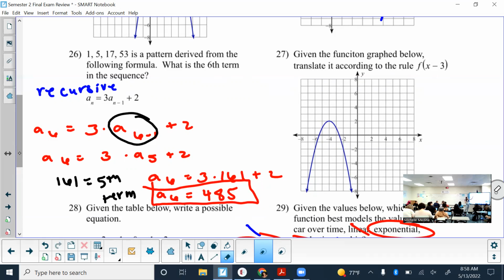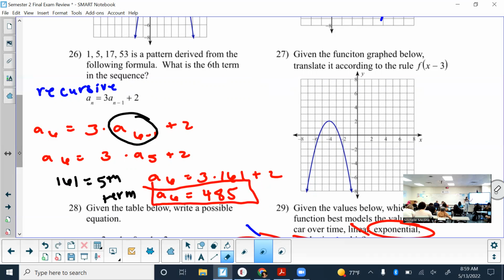What's 53 times 3? Yeah, 159. Is that what you said? Okay, it sounded like you said 400 something. Okay, so 159, yes. And then add 2, what do you get? 161.